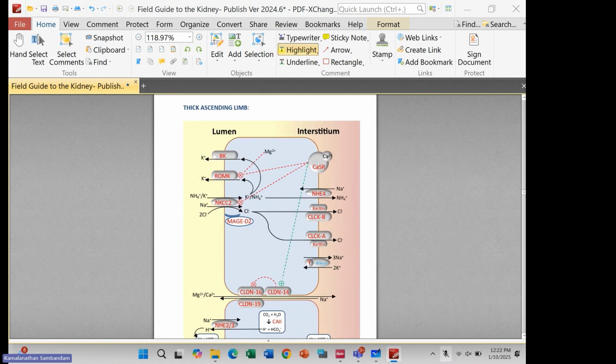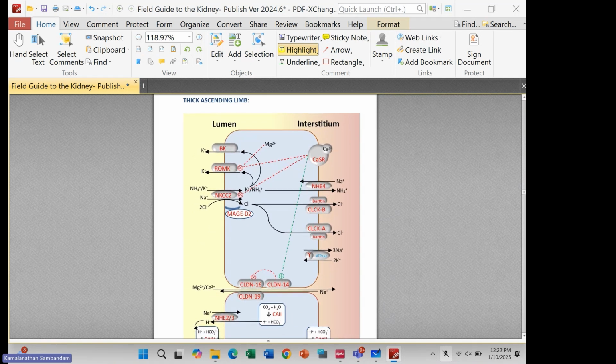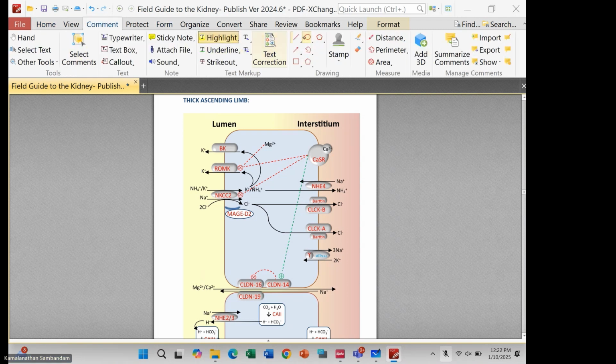So here we are in the thick ascending limb. Notice that similar to calcium, we have magnesium transport that is happening through a paracellular pathway. This depends on the creation of a lumen positive potential difference to push this paracellular transport of magnesium and calcium through these tight junctions, which, by the way, are gated by claudins.